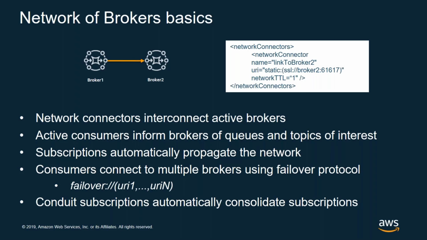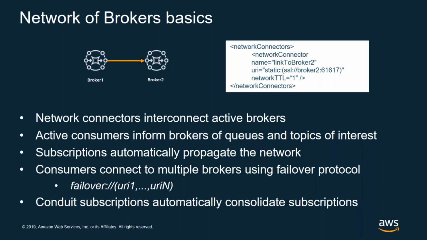One thing is, by default, only active consumers connect to brokers and inform the network what queues and topics they want to subscribe to. So a broker does not know where to send a message unless there is a consumer present in the default form.